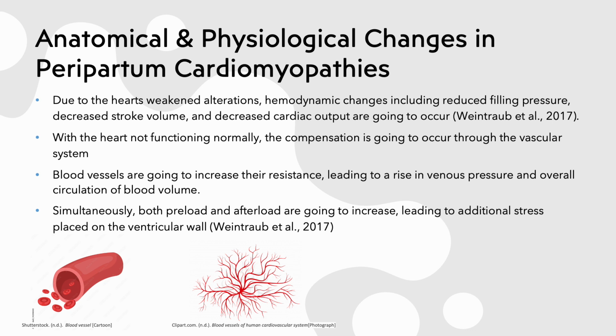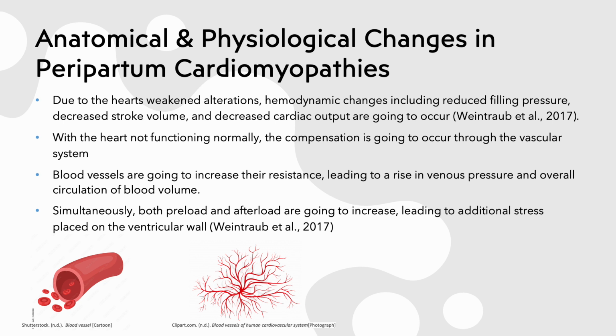When the heart isn't functioning normally, the body is going to step up in other ways and alter some other physiological processes in order to compensate for the heart's lacking ability. And so the way the body does this in peripartum cardiomyopathies is we're going to see it in the blood vessels, and they're going to increase their resistance, which then leads to a rise in our venous pressure and our overall circulating blood volume.